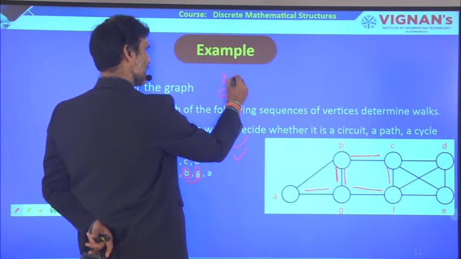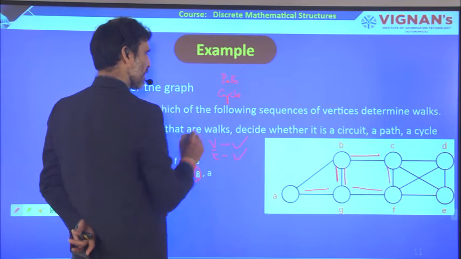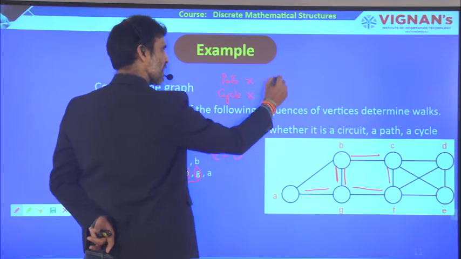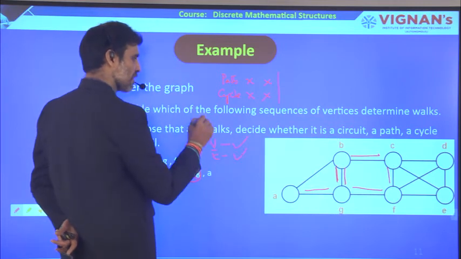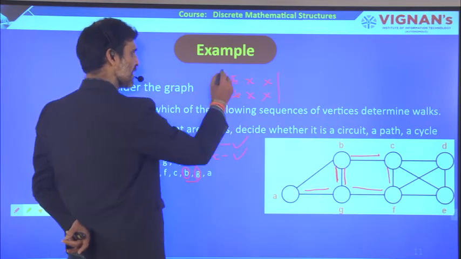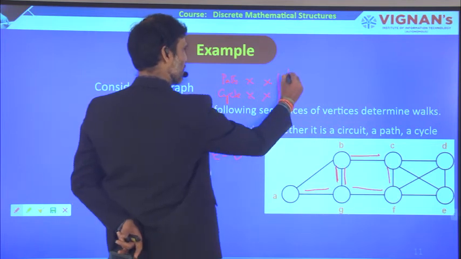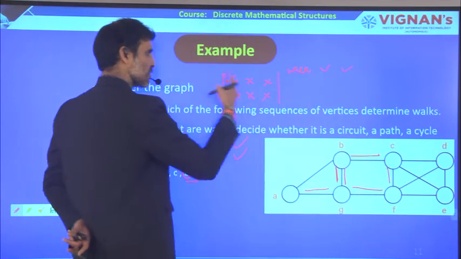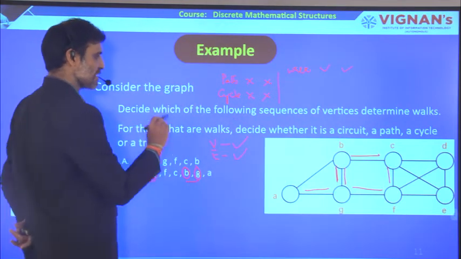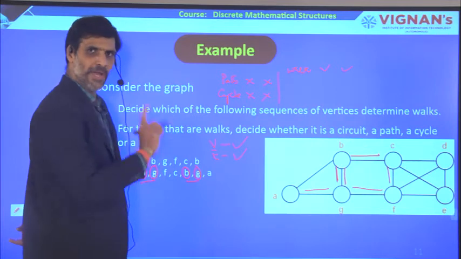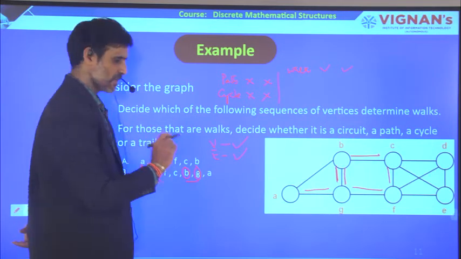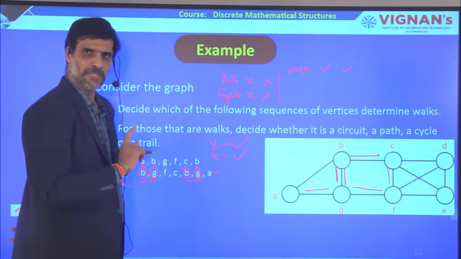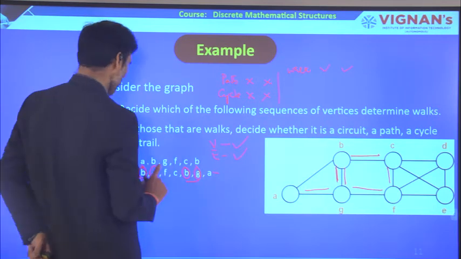For these two, no edges and no vertices are repeated. The only case for which both vertices and edges are repeated is a walk. What is a walk? Both are repeated. So simply we can call it a walk. It is not a trial, it is not a path, it is not a circuit. Therefore it is a walk.